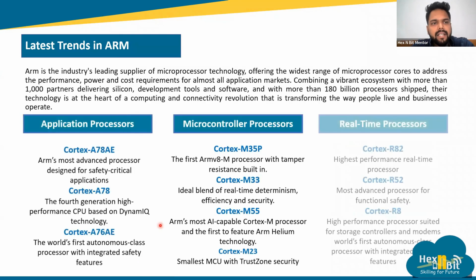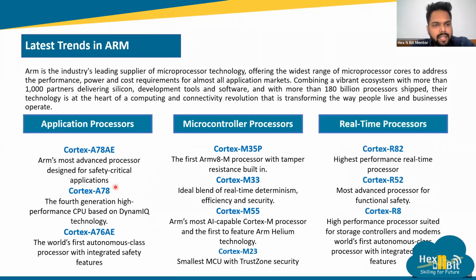So the latest trend in ARM, as you can see, is that they are working on various architectures as the technology is growing. They are providing various architectures based on in-demand requirements from the industry. As you can see, in the microcontroller processor category, the latest processors launched by ARM are Cortex M35P and Cortex M23.